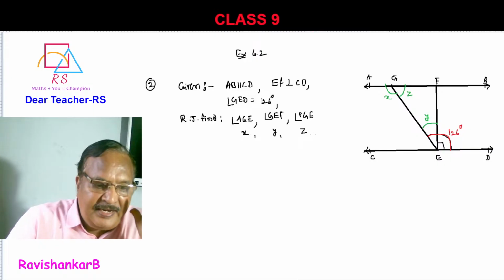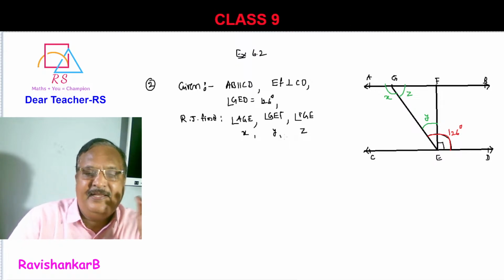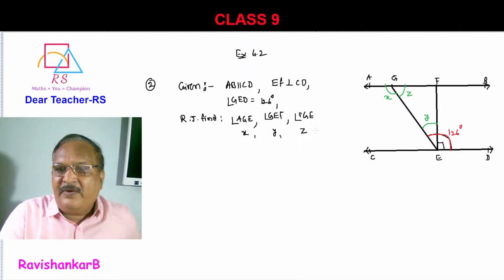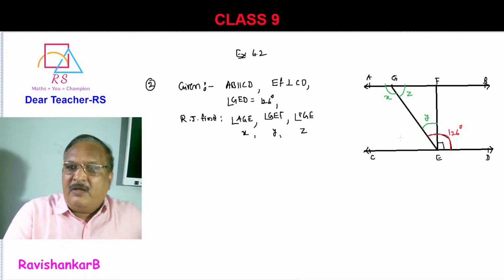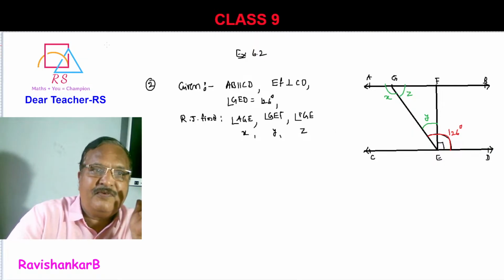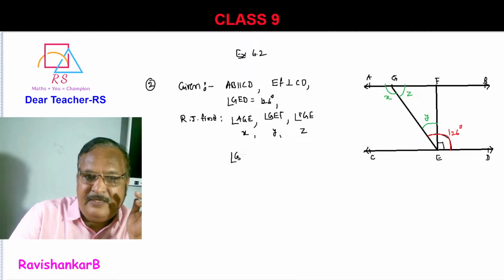Now, when you are looking at the figure, x plus z is 180 degrees, linear pair, x and z together 180. Okay, so now this y plus 90 degrees is 126. Let us start from y. Angle GED is equal to 126, given.